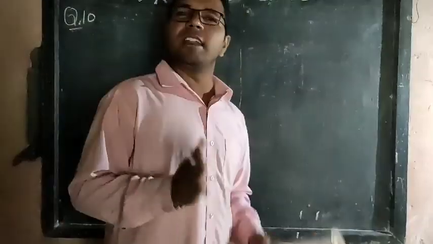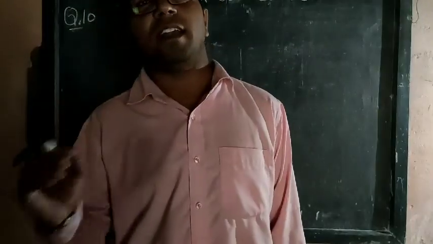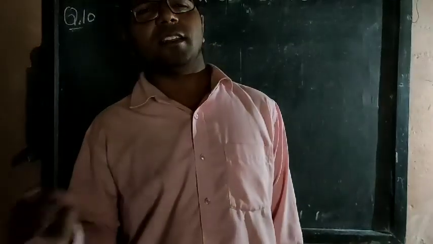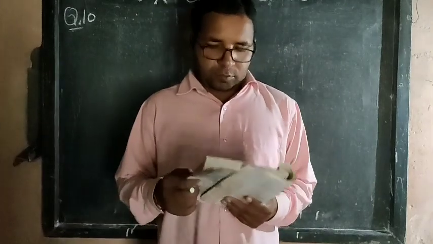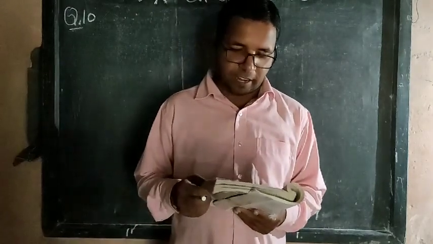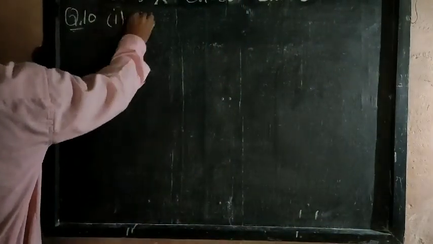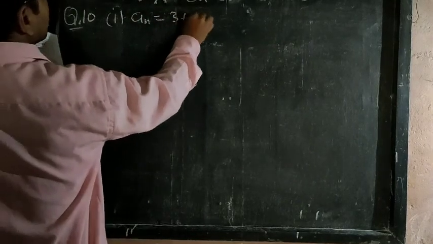That means A1, A2, A3, A4, A5 and AN form an AP. All these terms are in AP. So where AN is defined as below. First term AN is equal to 3 plus 4n.